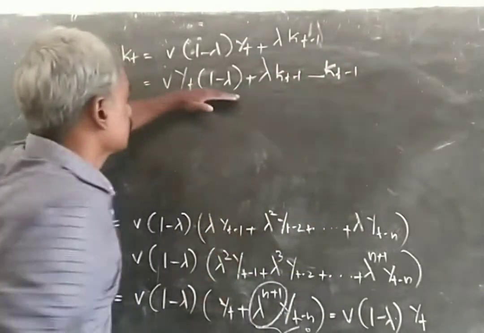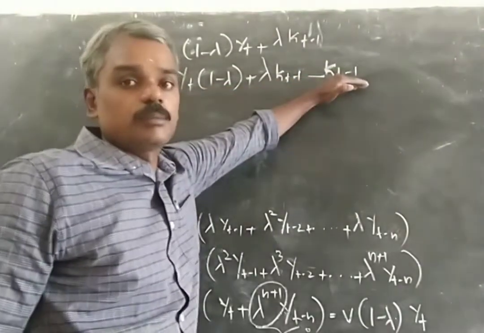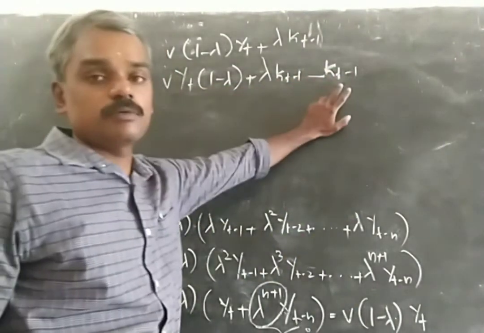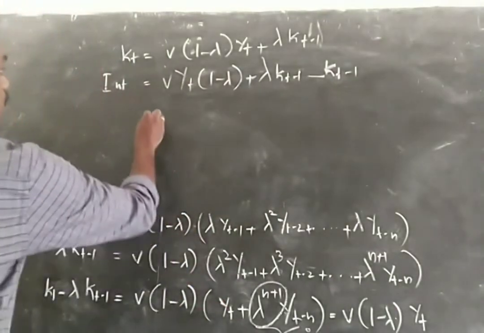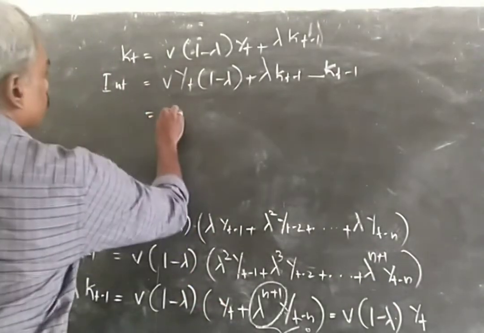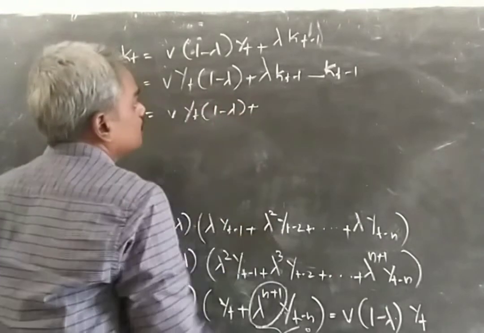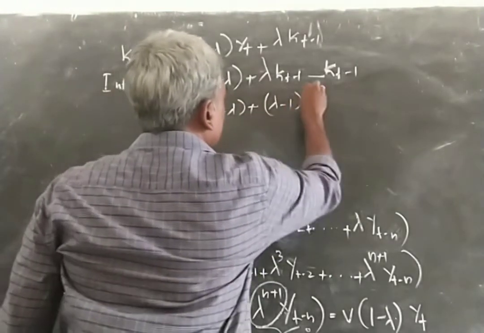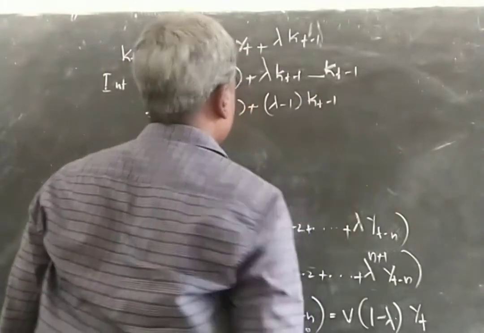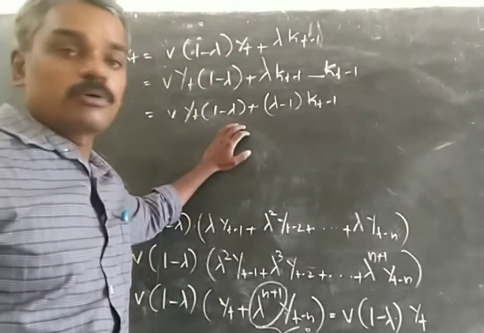This term is Kt, this is Kt minus 1. So subtracting Kt minus 1 from this, we get net investment. And this can be written as nu into Yt into 1 minus lambda plus lambda minus 1 into Kt minus 1. This is the equation for net investment.